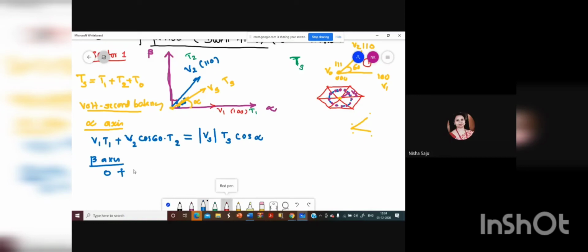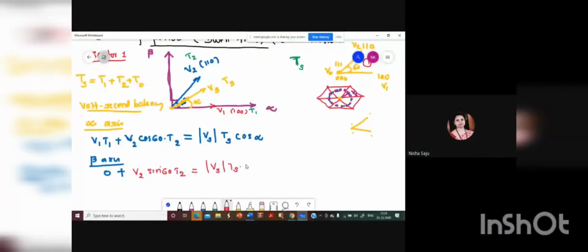That will be equal to Vs Ts, which is also making an angle alpha, so it will definitely have a vertical component. So that is equal to Vs Ts into sin alpha, right?